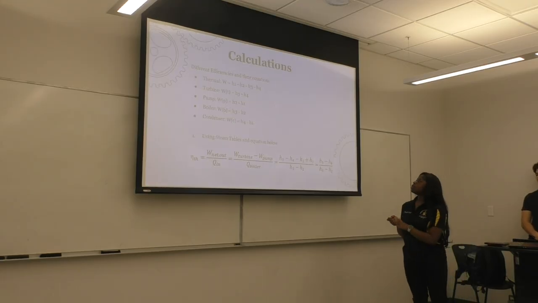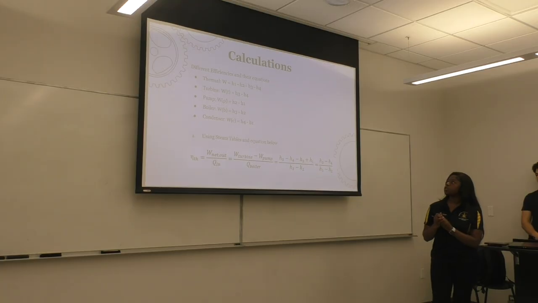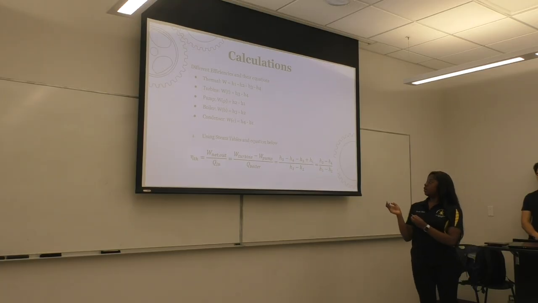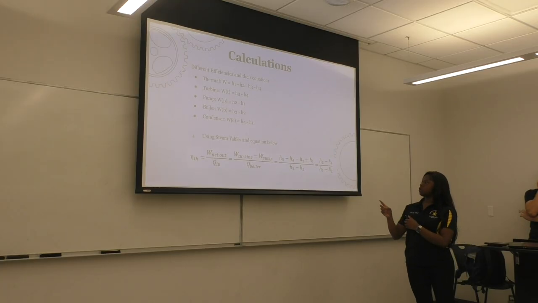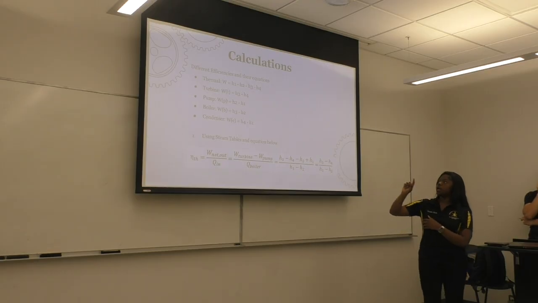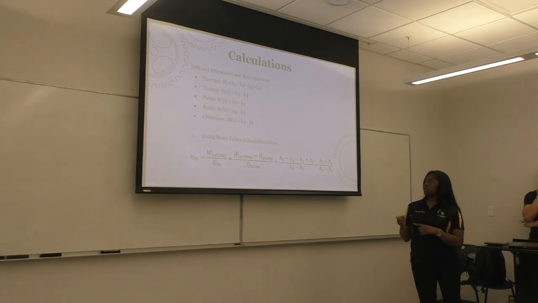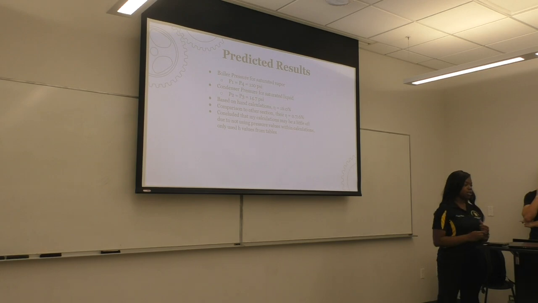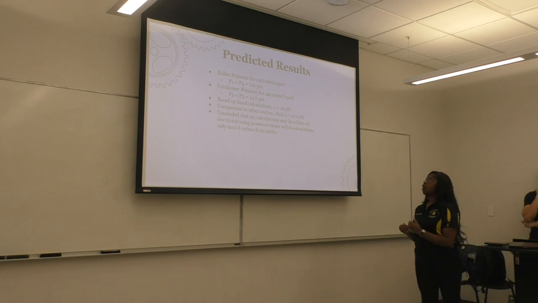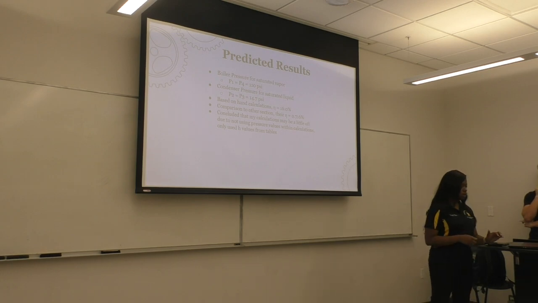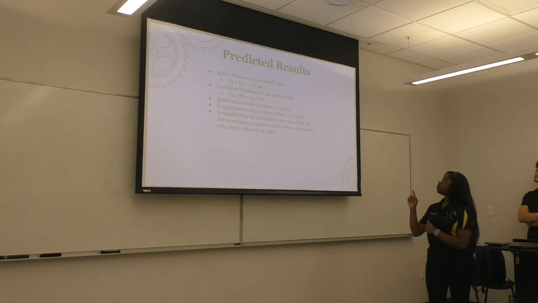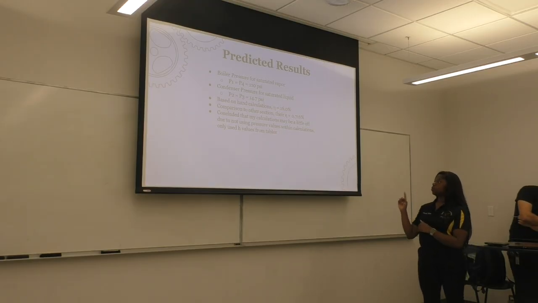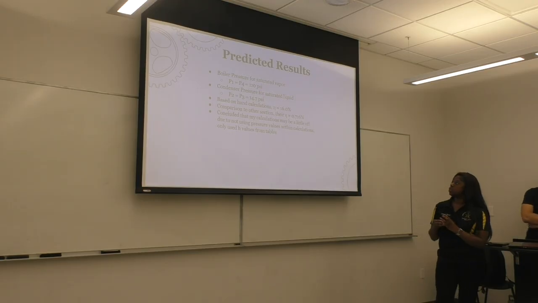These are the calculations that I used to determine the efficiency of the Rankine cycle. I used thermal, turbine, pump, boiler, and condenser equations, and turned it into one big equation for the efficiency. For our predicted results, I used the pressure from the boiler and the pressure from the condenser to get an efficiency of about 16%.